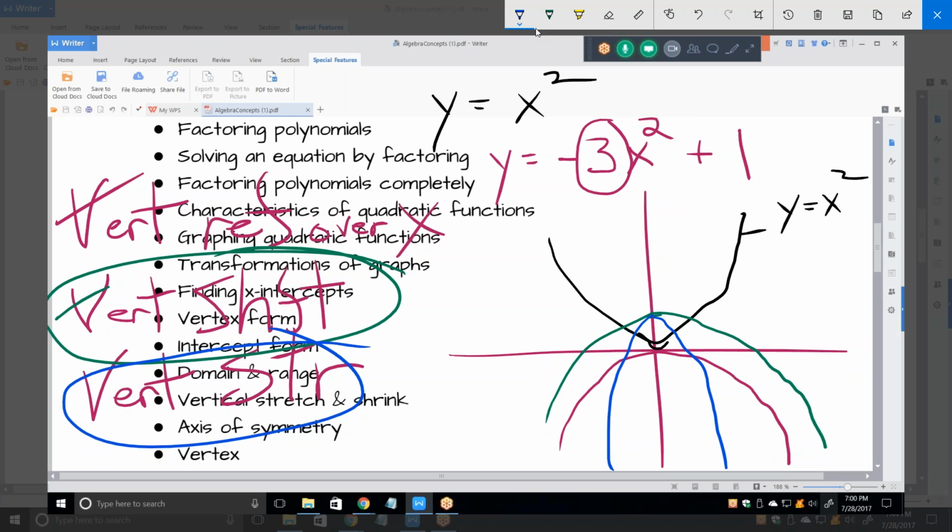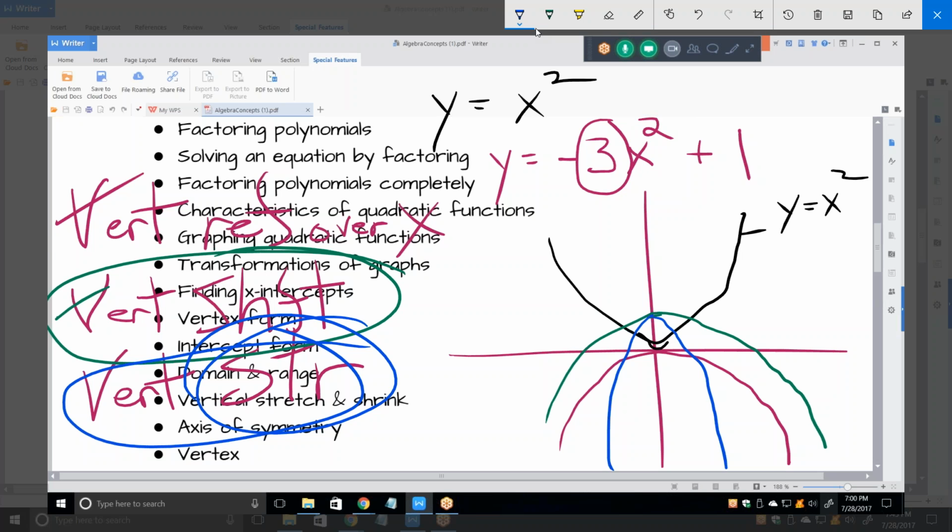It makes it skinnier by a factor of 3. In other words, every point on the green line is going to be 3 times further away. Well, that's not really a good way to look at it. Just think of it as a vertical stretch, therefore it makes it skinnier. And as long as you do these in the right order, you'll get the right graph.